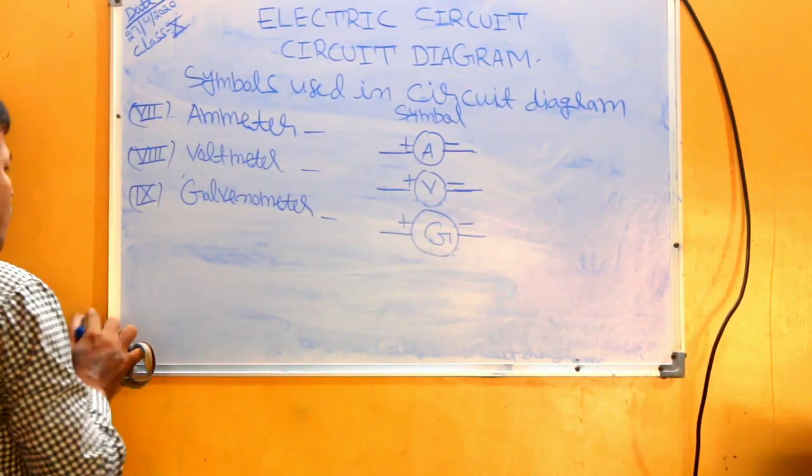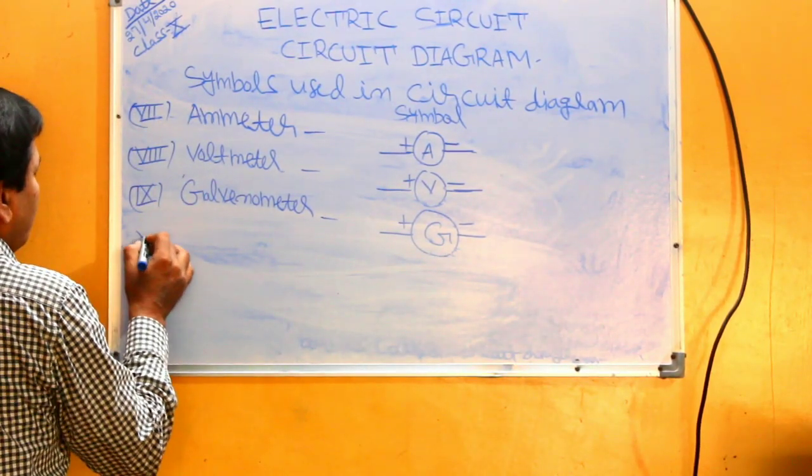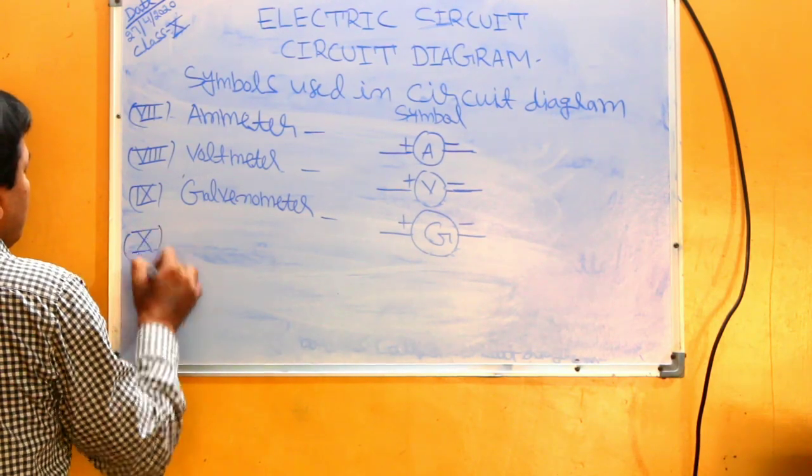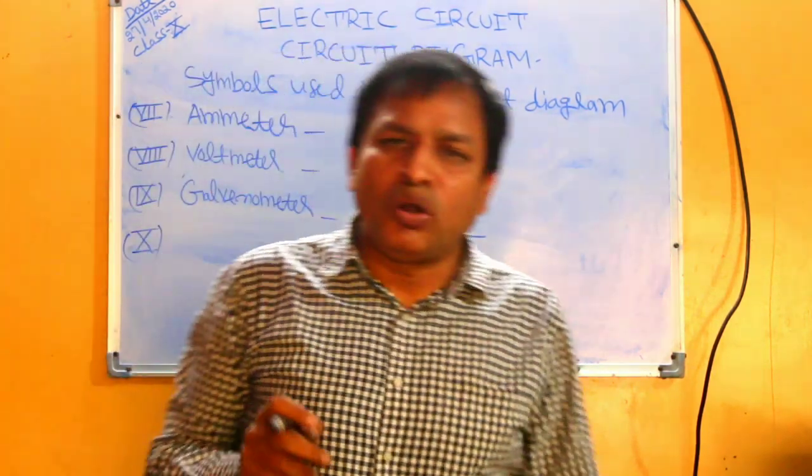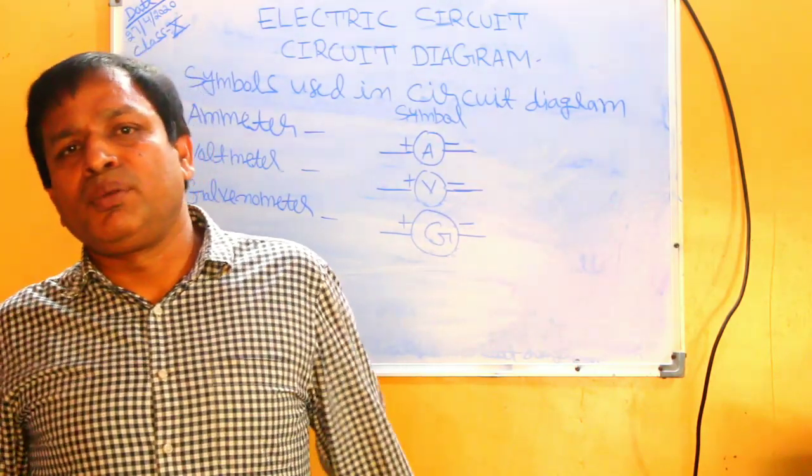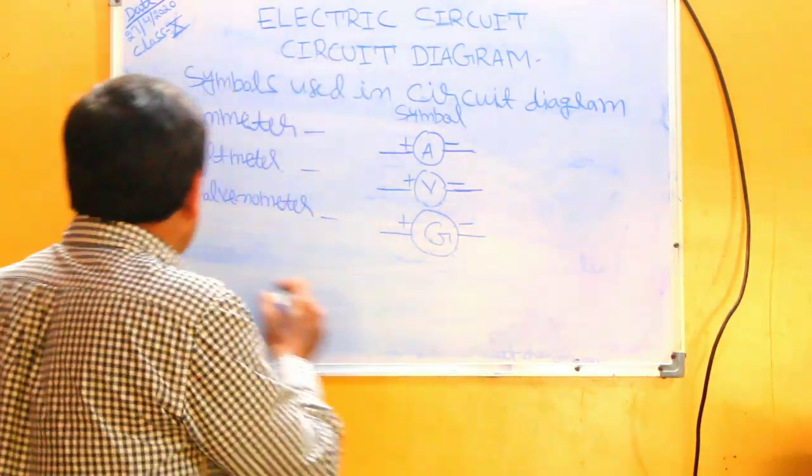Next is when two wires are crossing each other. Two wires do not touch each other. We represent it by this symbol.